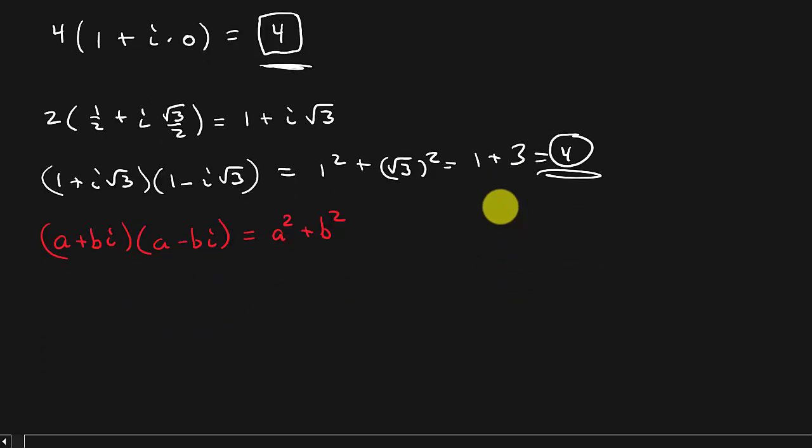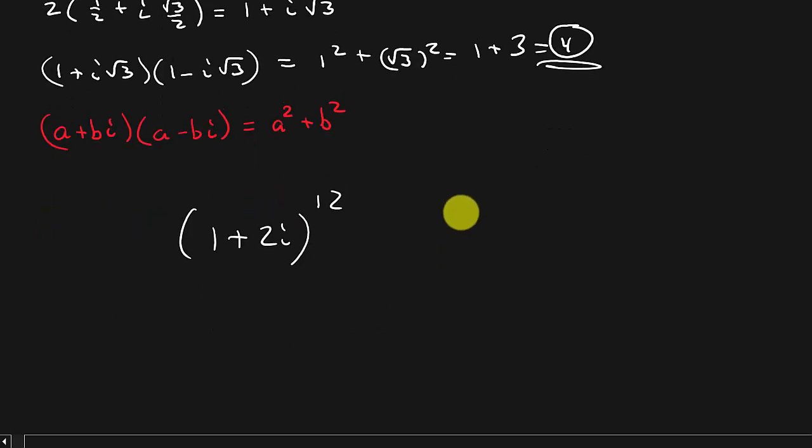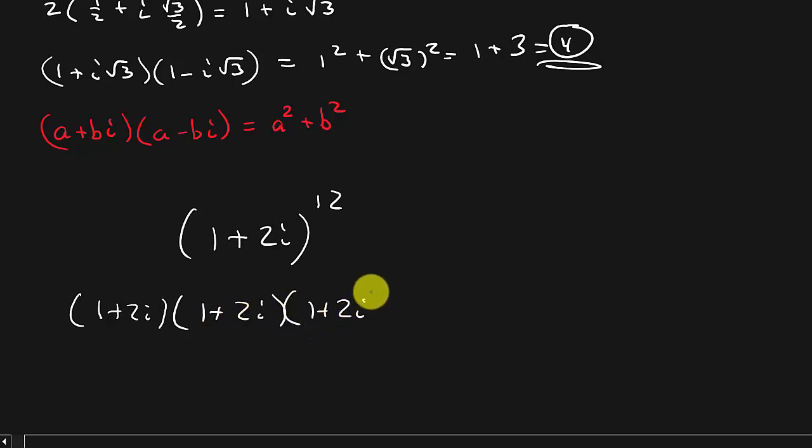All right, so just to give you a little preview, what if you had something like this? If you had a complex number and you wanted to raise it to the 12th power, what are you going to do? Well, 1 plus 2i times 1 plus 2i times 1 plus 2i, so on, 1 plus 2i.